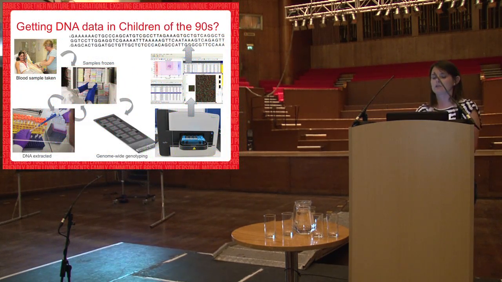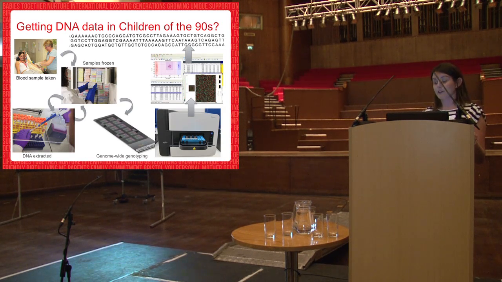Okay, so getting on to children of the 90s, how have we actually generated genetic data? So some of you will remember coming to a clinic and having a blood sample taken. That blood sample would have been put in the freezer for several years in our laboratory. Then at some time later, the blood sample containing all the cells in your body would have been taken out, and some DNA would have been extracted from those blood cells.